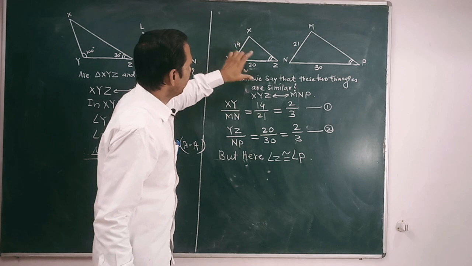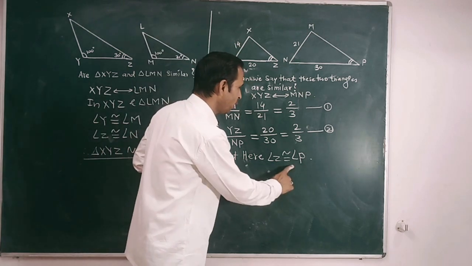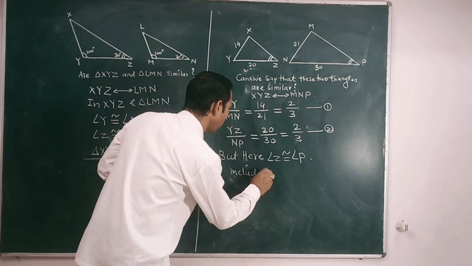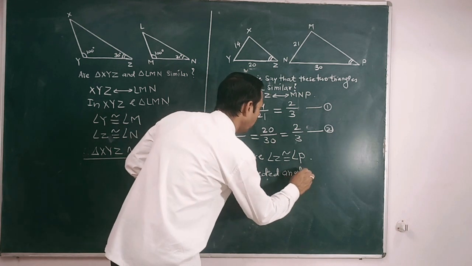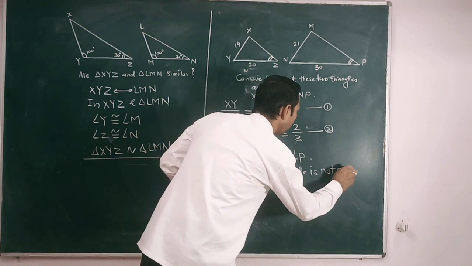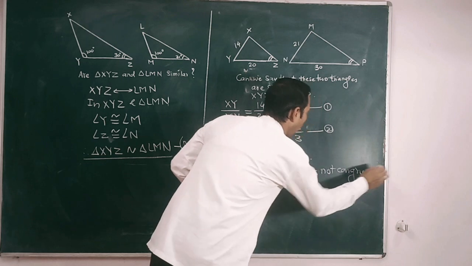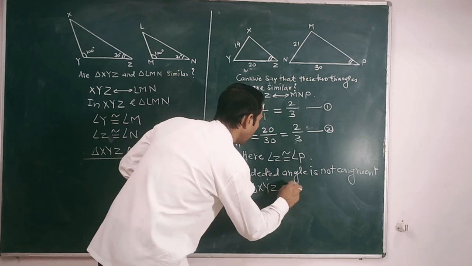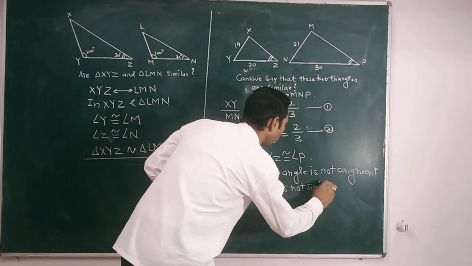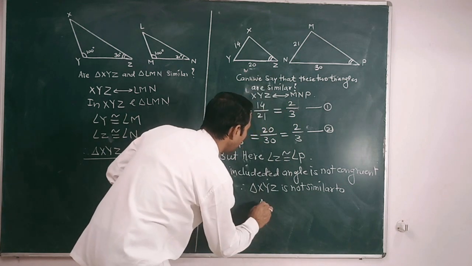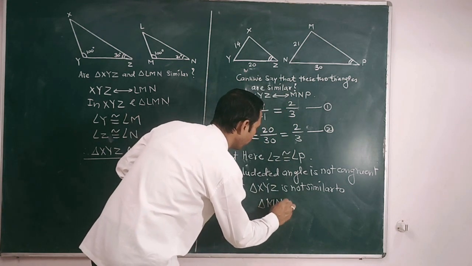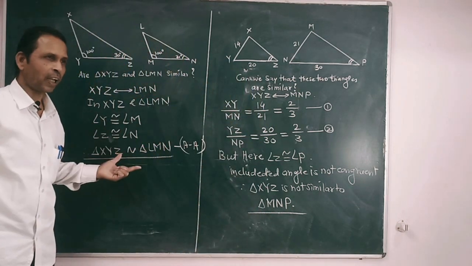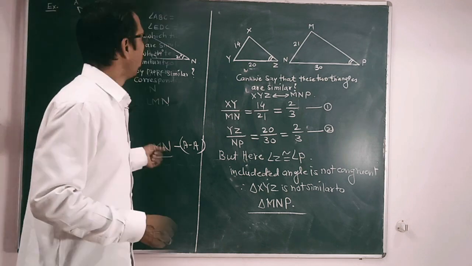But we are given angle Z is congruent with angle P. The included angle is not congruent, and hence triangle XYZ is not similar to triangle MNP. And in this way we can verify whether two triangles are similar or not.